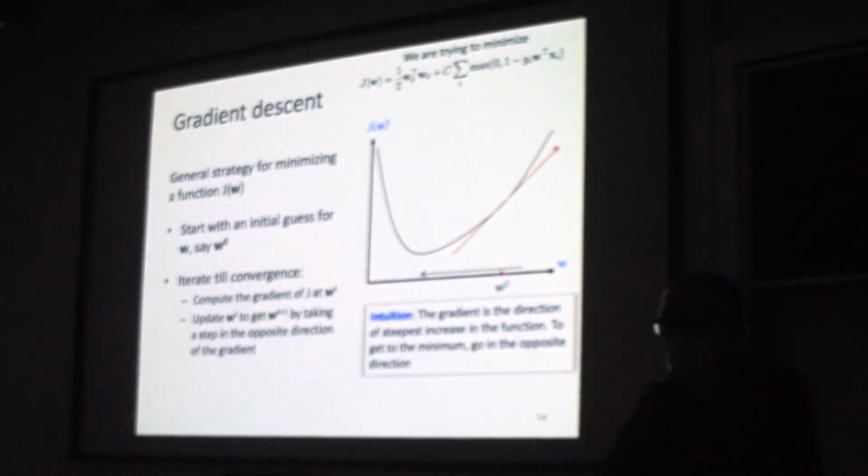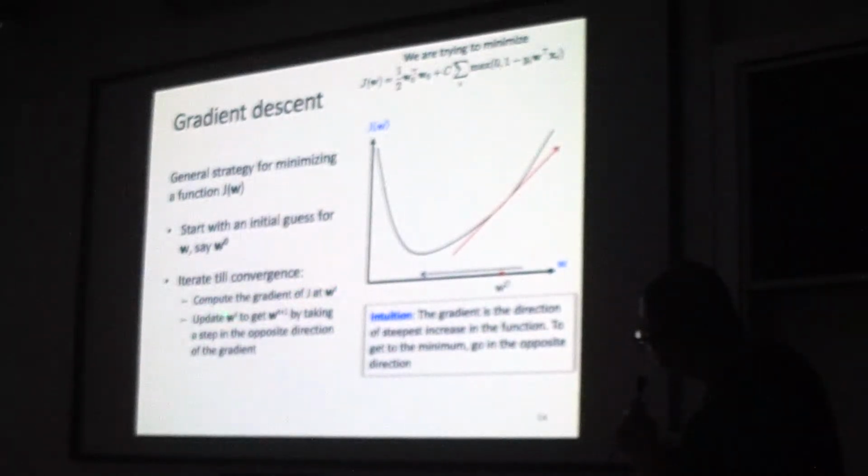However, to look at the stochastic gradient descent framework, we need to first briefly review the gradient descent framework. I believe everyone is familiar with that, so just a quick review. For an arbitrary objective function, here it's just our SVM objective function, you start with some initial guess of the model parameters denoted by W0. You run many iterations. Inside each iteration, you calculate the gradient of the objective function at the current model parameter.